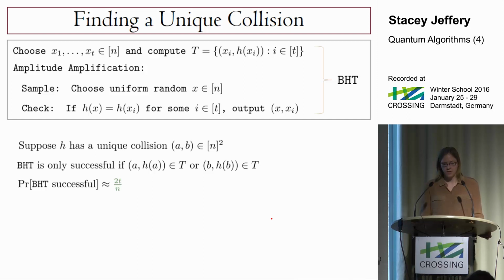So the probability that Brassard-Høyer-Tapp is successful is like T over N. For Brassard-Høyer-Tapp, I didn't specify how we should choose the initial table because it doesn't matter at all. But for this case, we'll now assume that we're choosing the table uniformly at random. So if we choose a uniform random table T to begin with, then the probability that it contains either A or B is like T over N.